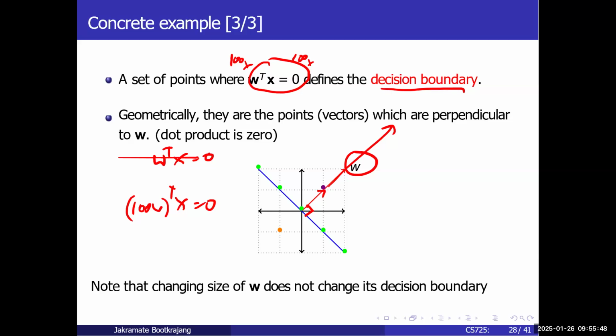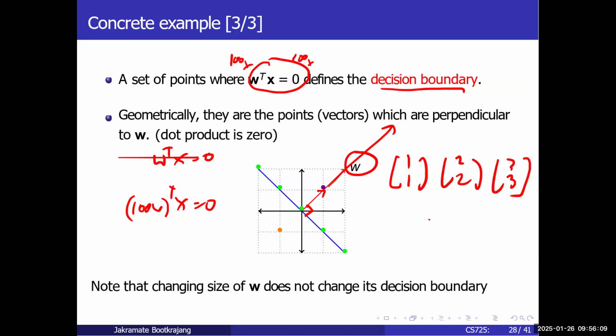Because of this, we can actually scale our function. If we have, say, 1, 1, 2, 2, 3, 3, all of these give the same decision boundary, but they are different solutions.